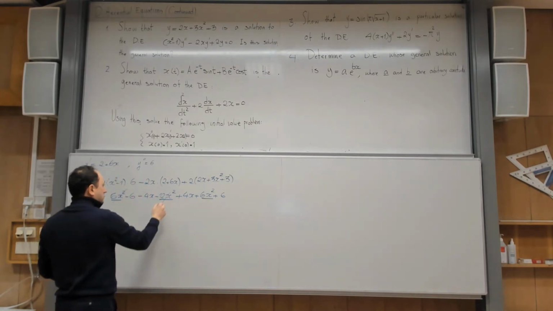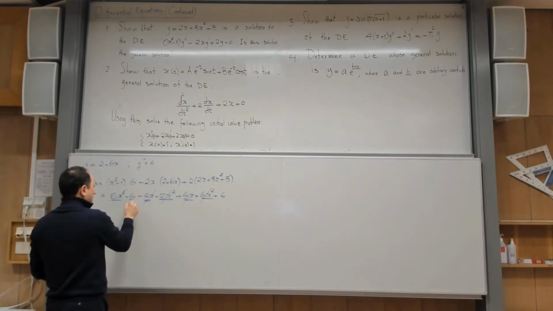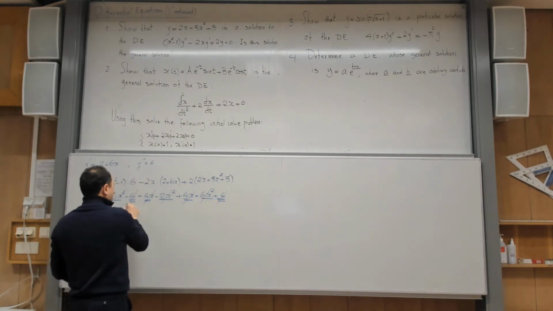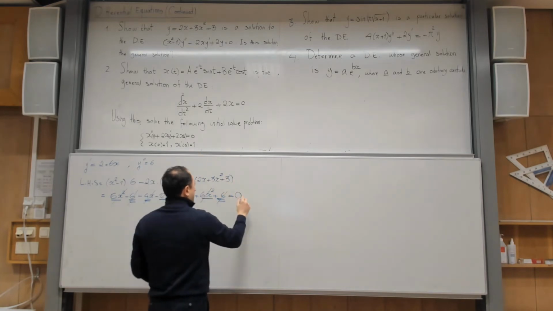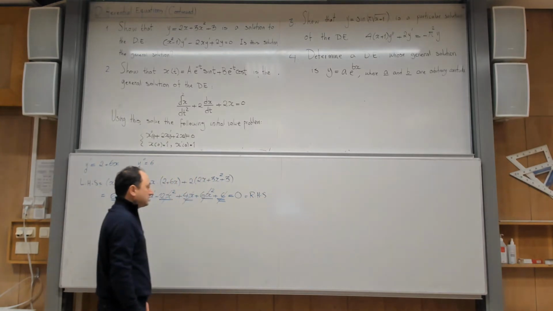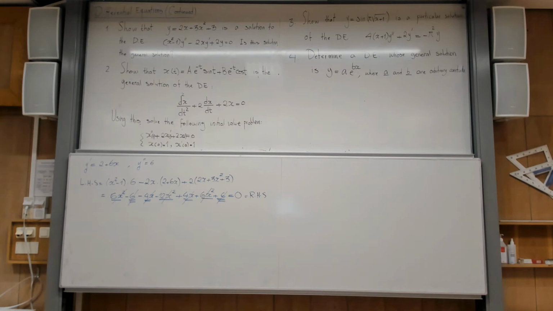So they are cancelled. And this one and that one are also cancelled. And this one and that one are also cancelled. So the answer becomes identically 0, and 0 is the right-hand side. So you see the left-hand side is equal to the right-hand side, independent from the choice that I make for x. For every value of x, this is correct.